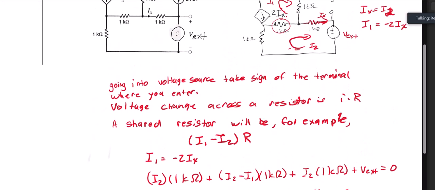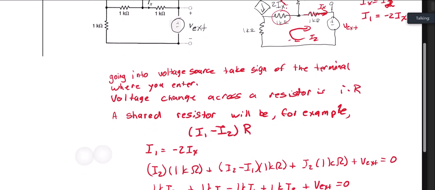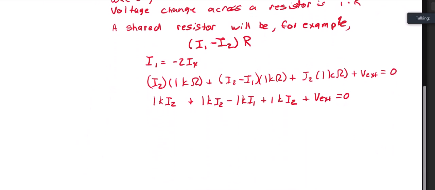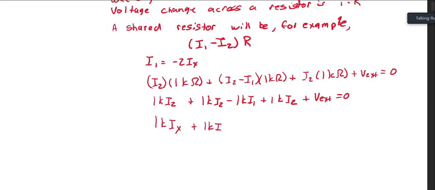I2 was IX. So 1K times IX plus 1K times IX minus 1K times minus 2IX plus 1K IX plus V external equals 0. So that's 1, 2, 3, 5.